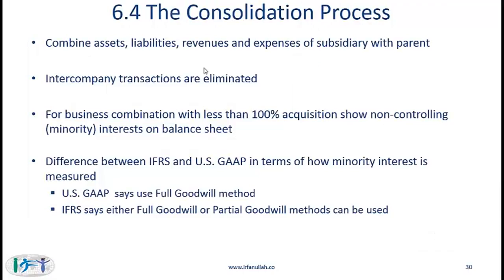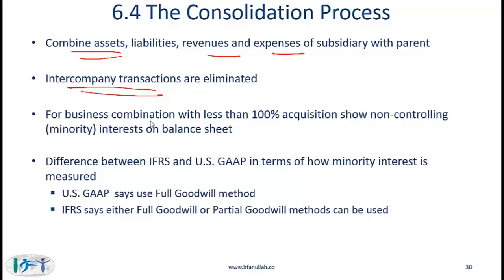Let us talk about the consolidation process in a little more detail. As we've already discussed, when we consolidate, we combine the assets, liabilities, revenues and expenses of the subsidiary with the parent. So 100% of the assets and liabilities are brought over at fair value. We need to eliminate any intercompany transactions.